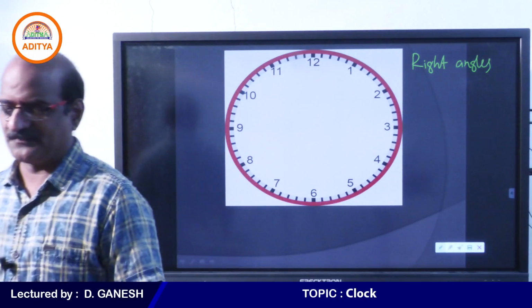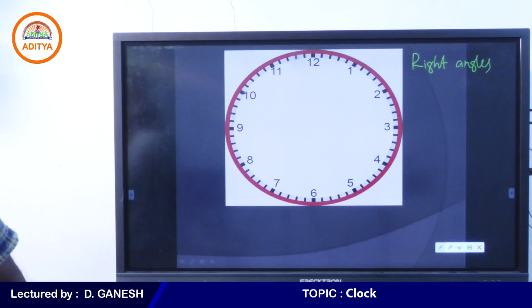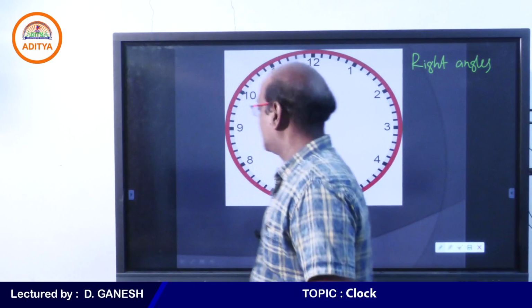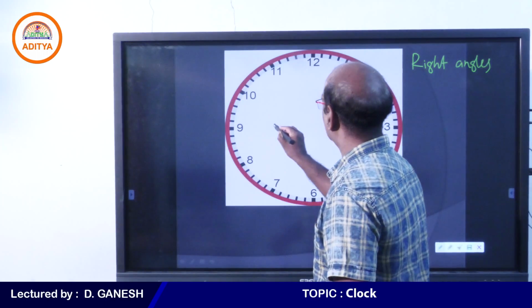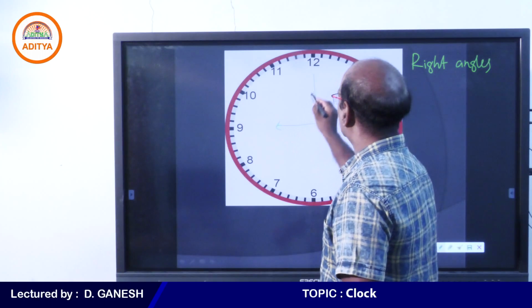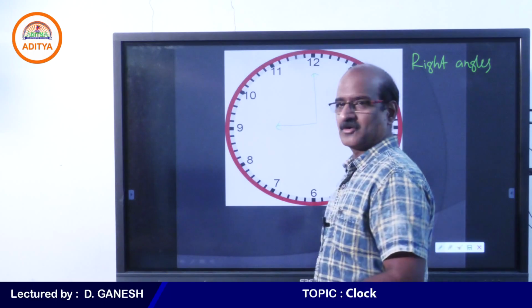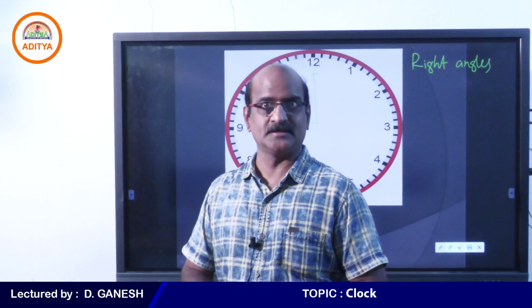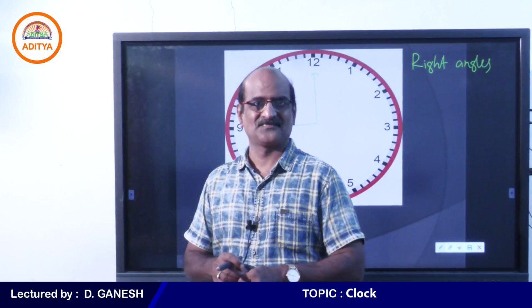At 3 o'clock and of course at 9 o'clock, even at 9 o'clock. By the time your class starts sharp at 9 o'clock, when the time is 9 o'clock, you can see the hands are at right angles.